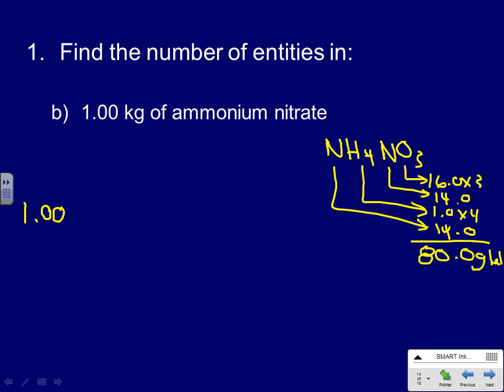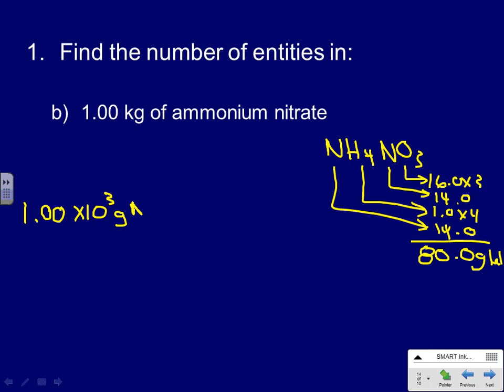Let's do it at the beginning this time. So instead of writing kilo, what can I write? Times 10 to the, did they say -3 or positive 3? That's a positive 3 grams. Now we'll just go from there. Then we'll just get entities, because we got rid of the kilo.